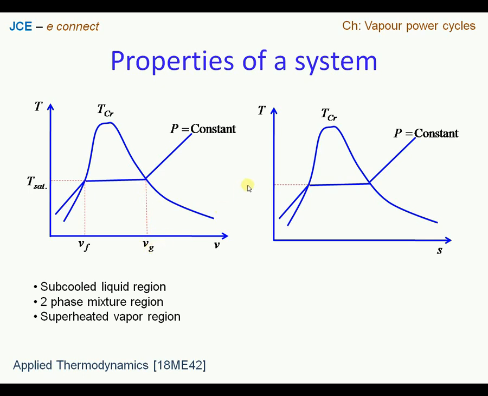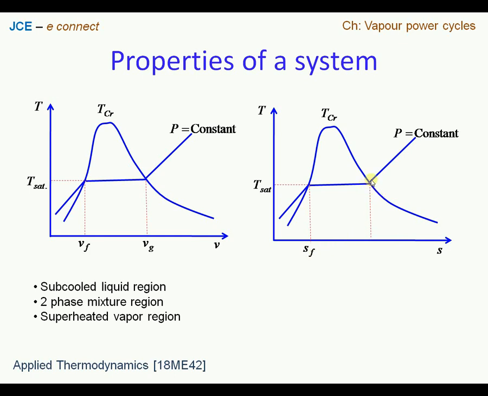So now looking at the TS diagram, the temperature versus entropy diagram. When we again extend the saturated point on the y-axis, what we have here is the saturation temperature, and this vertical perpendicular line cutting the x-axis gives Sf, the entropy at the saturated liquid point.